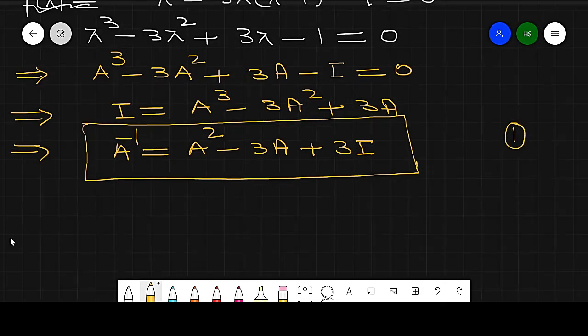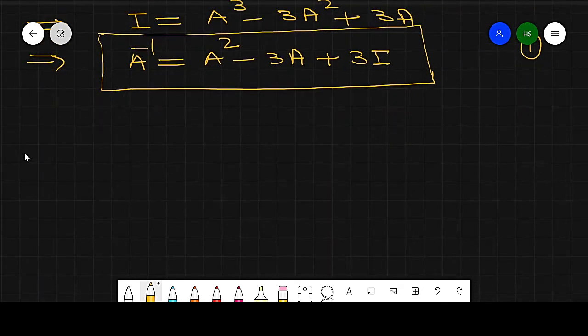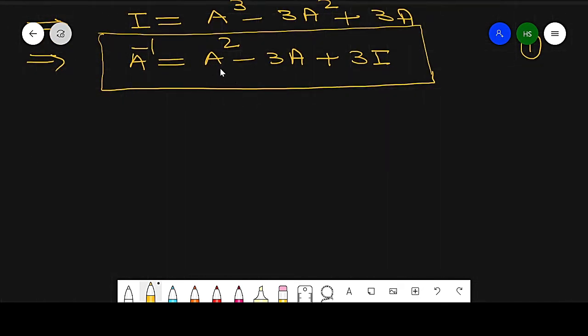Now in order to find the value of A inverse, I need to find A square, 3A and 3I.